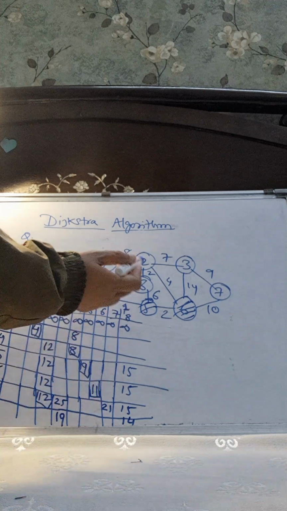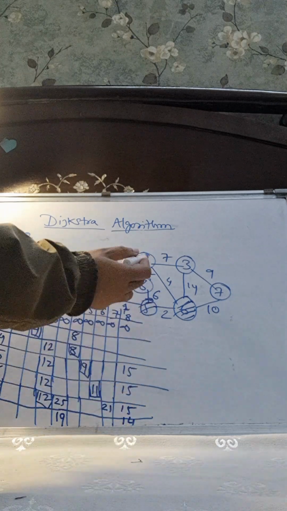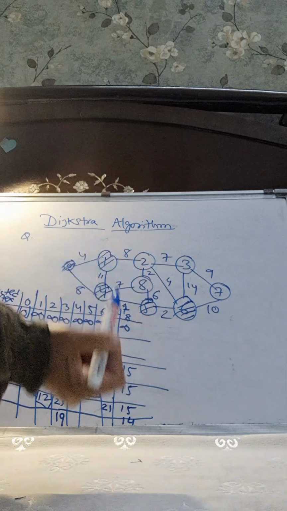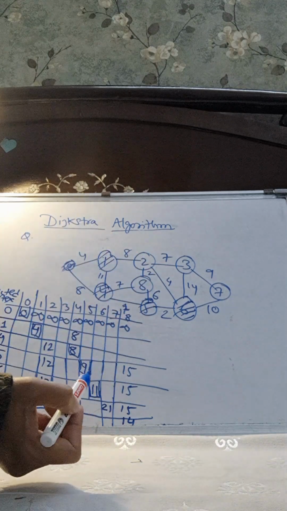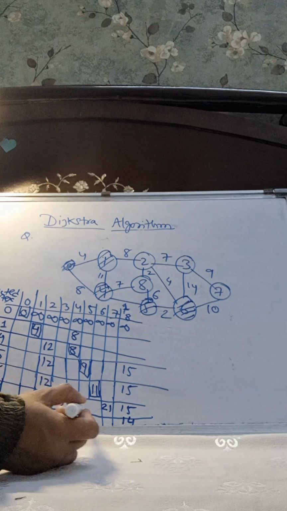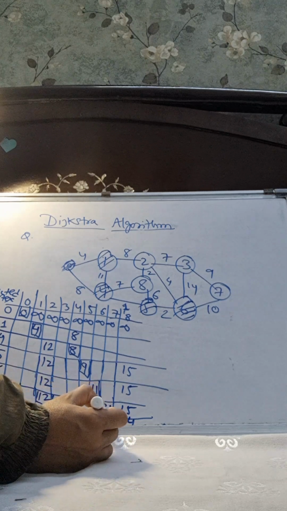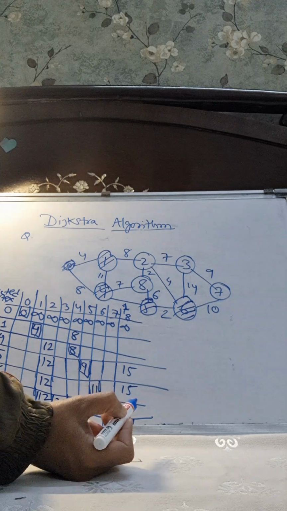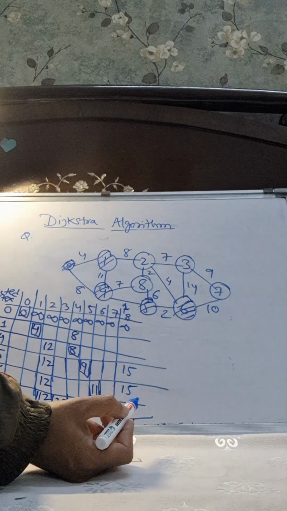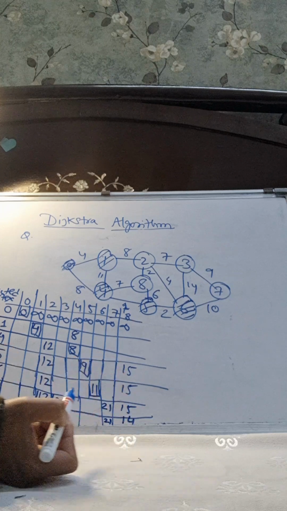What else can we move to from 2? We cannot go to 6, and we cannot come back to 1. So this is the new cost you got after selecting 2: 19 here, 21 remains for 7, and 2 to 7 is 21, and this is 14.